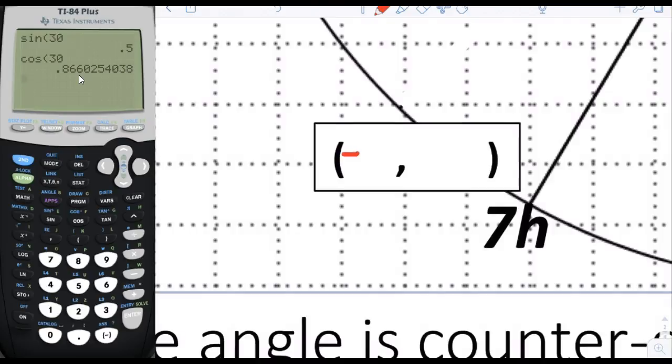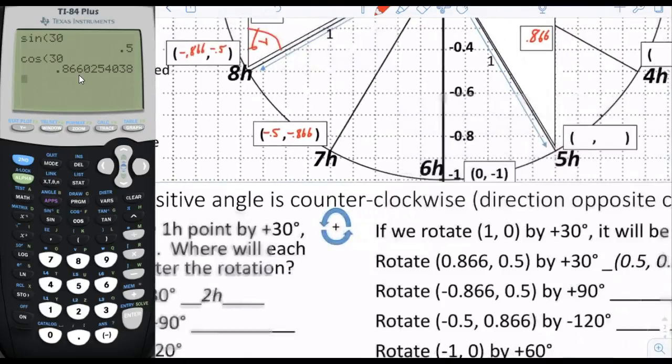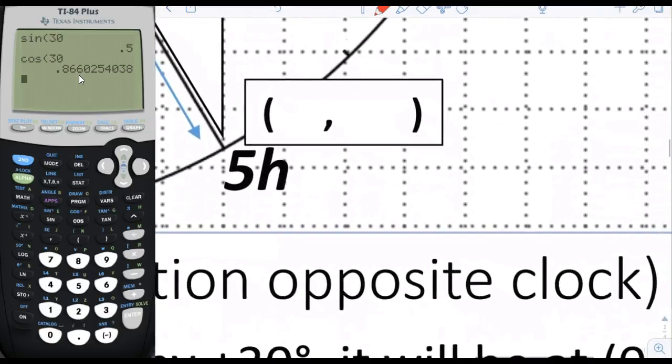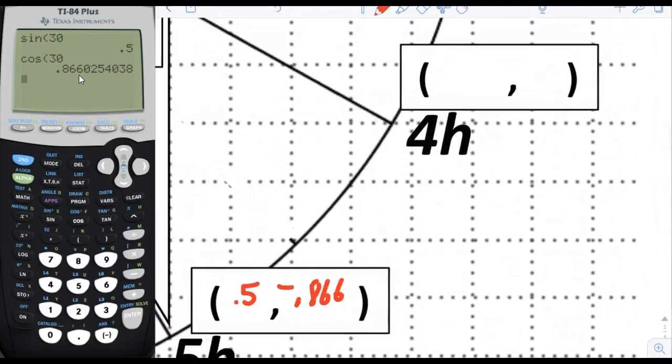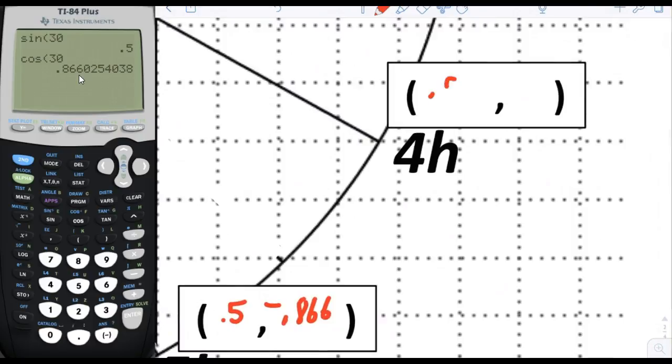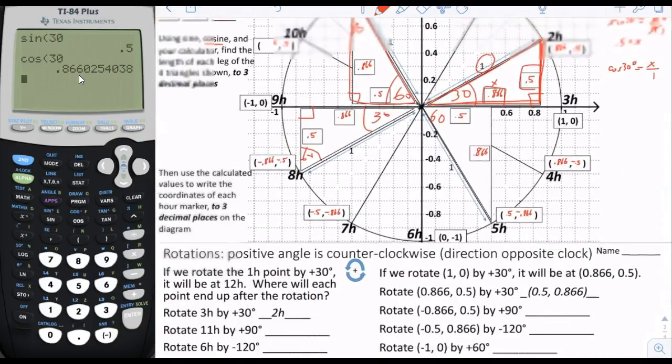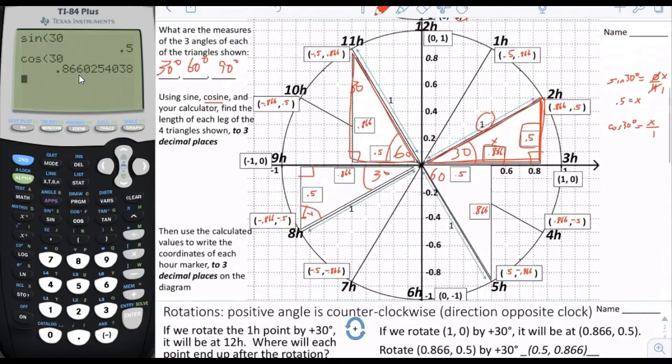This one here is negative 0.5, negative 0.866. And here it would be positive 0.5, negative 0.866. And finally, 0.866, negative 0.5.